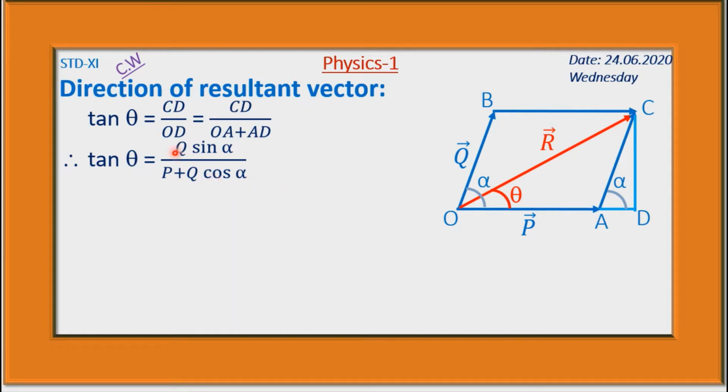That is, from the magnitude of two vectors and the angle between them, we can determine the angle theta, that is the angle of the resultant vector with the P vector. By this equation we will be able to determine the angle of the resultant vector with P vector.